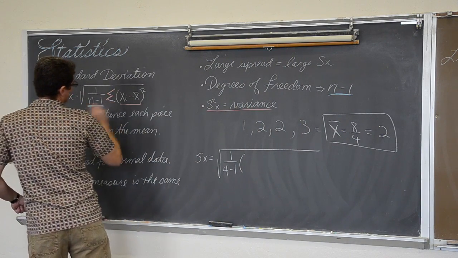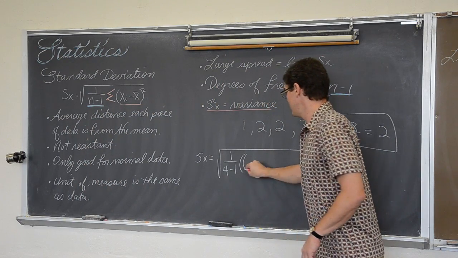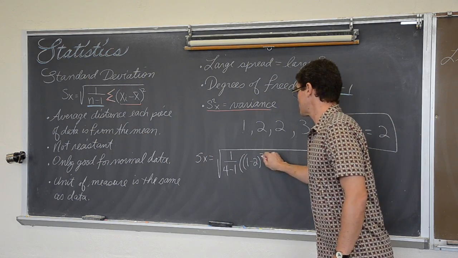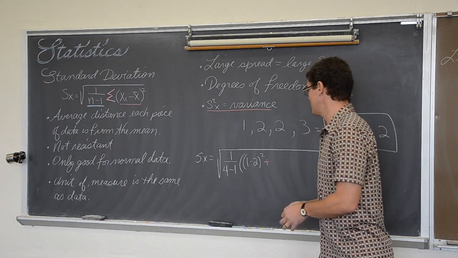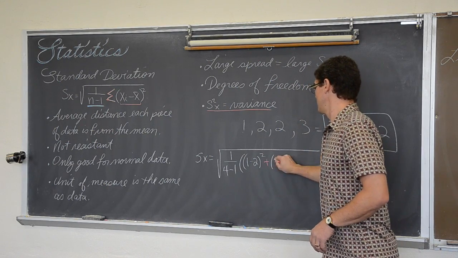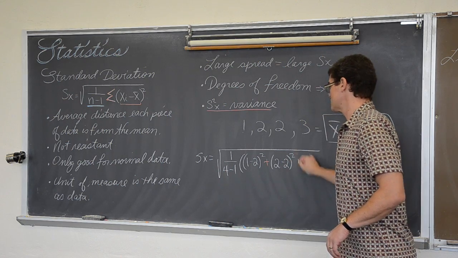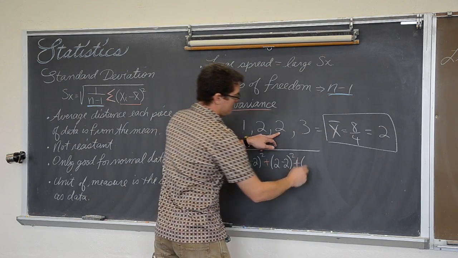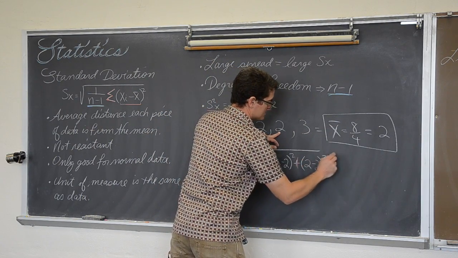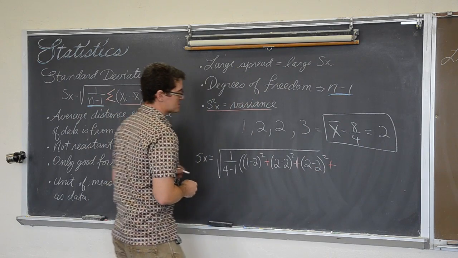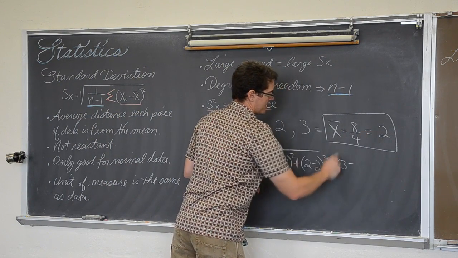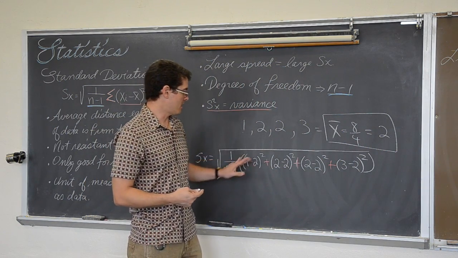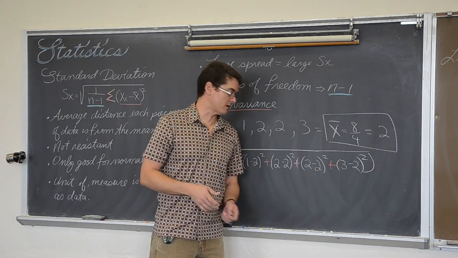This Greek summation symbol is going to come in and we're going to do this: x of 1 minus the mean, squared, plus x of 2 minus the mean, squared, plus x of 3 minus the mean, squared, plus x of 4, which is 3, minus the average of 2, squared.